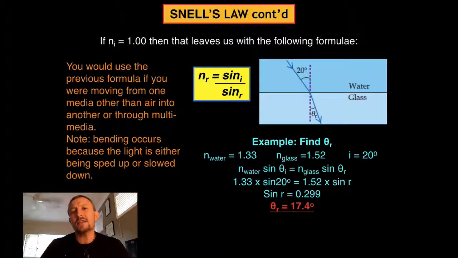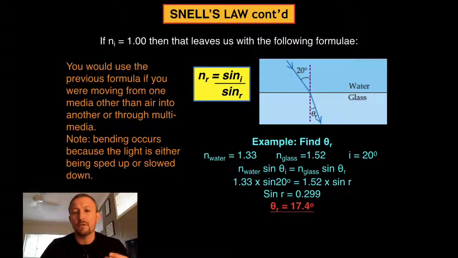So I place all my information into my Snell's Law equation. Remember, it's Ni sine theta I equals Nr sine theta R, where R is media 2 and I is media 1. I'm going to substitute the I's and the R's for the type of media I'm dealing with.